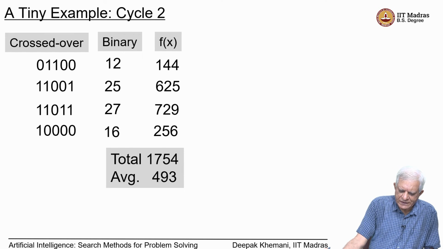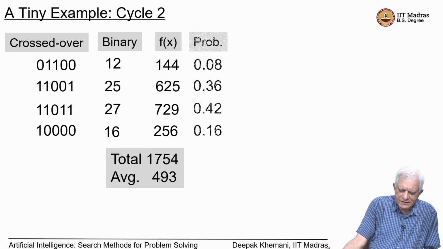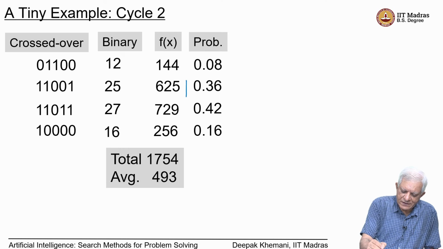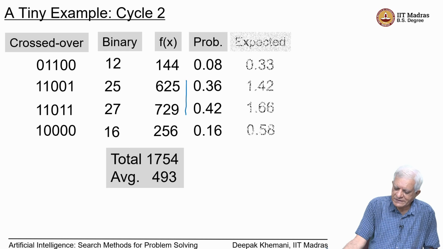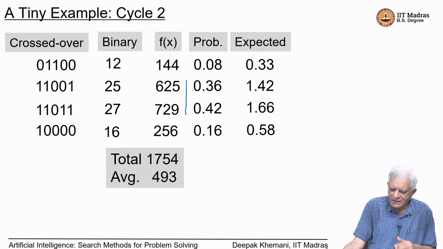So, we have these 4 candidates. The probabilities of selection, as you can see, are high for the middle 2 candidates and low for the other 2 candidates here. So, we expect the middle two candidates to get more representation in the cloned population. In fact, both of them are expected to get more than one copy essentially.